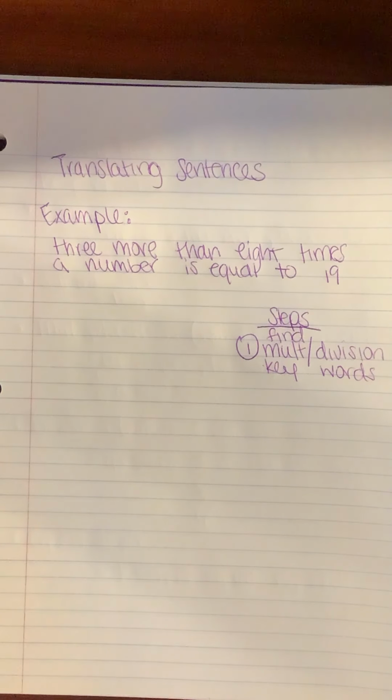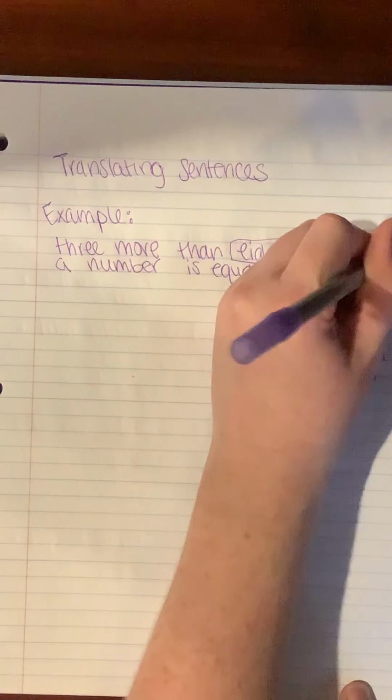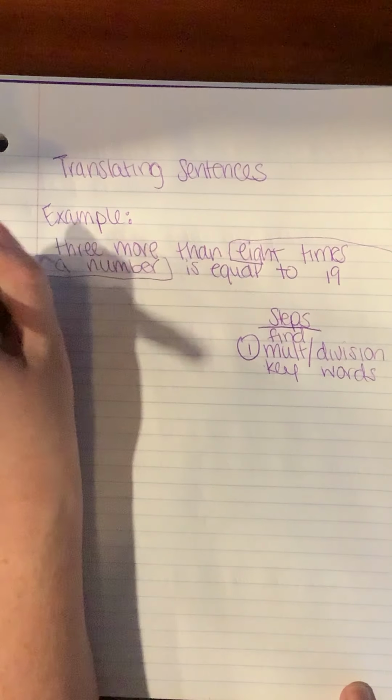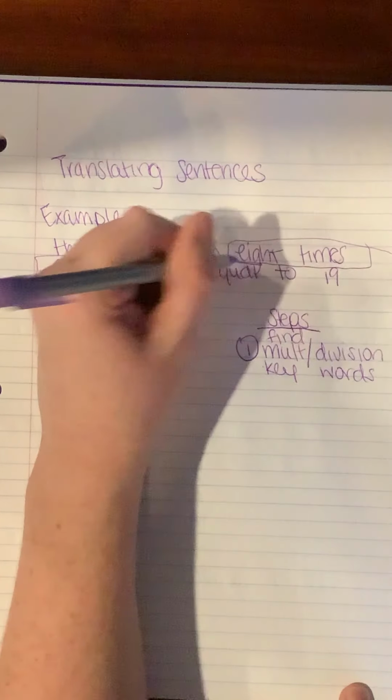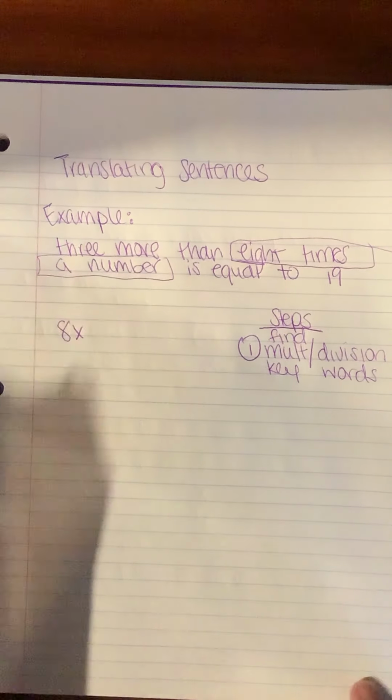Well, going back to my keywords, I know that times is it, so I'm going to box it. 8 times a number. So I can write 8 times a number, like 8x.